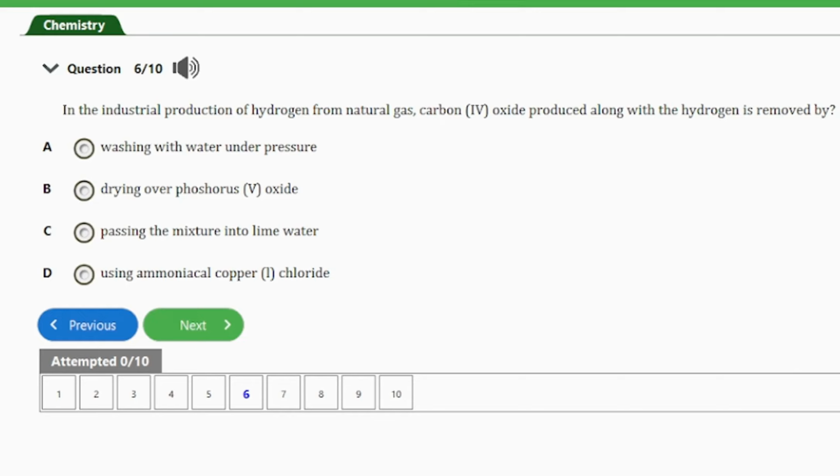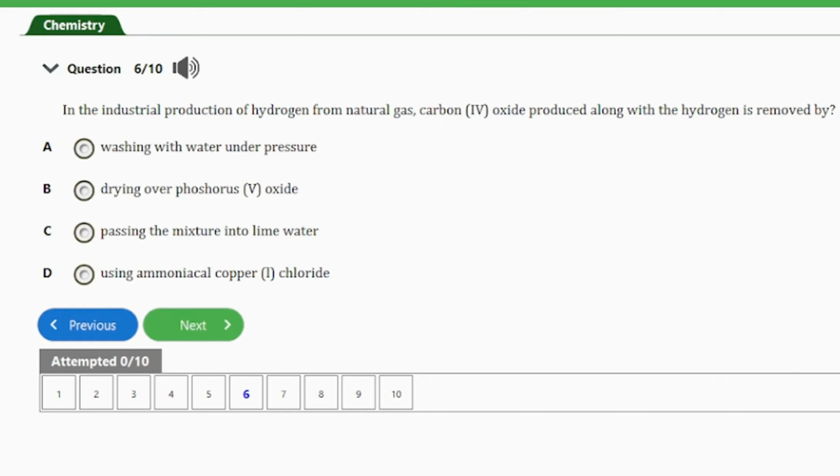Question number 6. It says, in the industrial production of hydrogen from natural gas, carbon dioxide produced along with the hydrogen is removed by A. Washing with water under pressure. B. Drying over phosphorus(V) oxide. C. Passing the mixture into lime water.